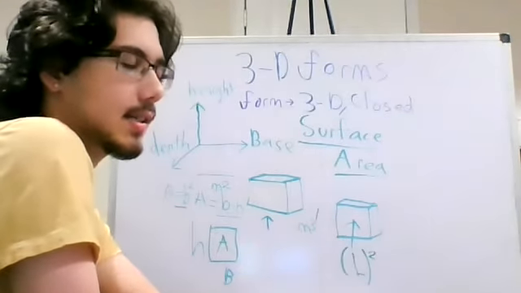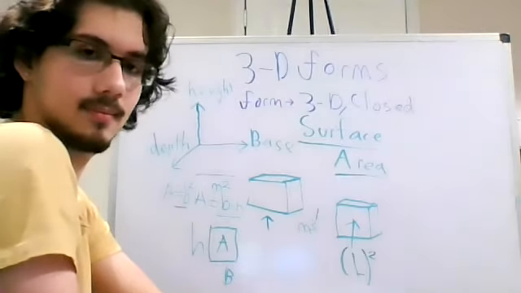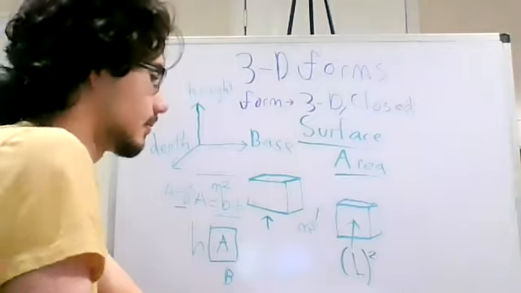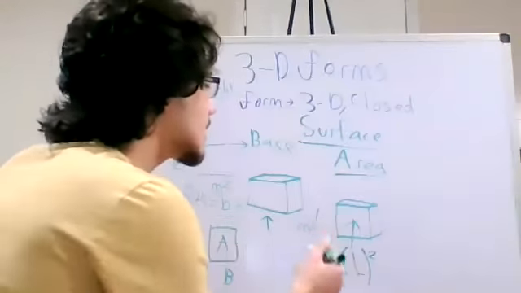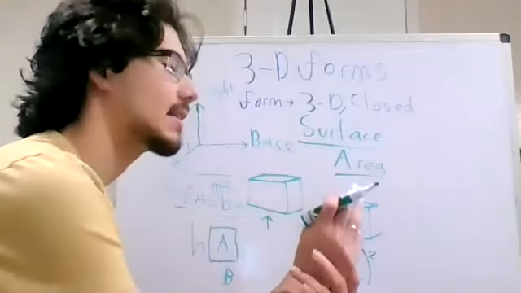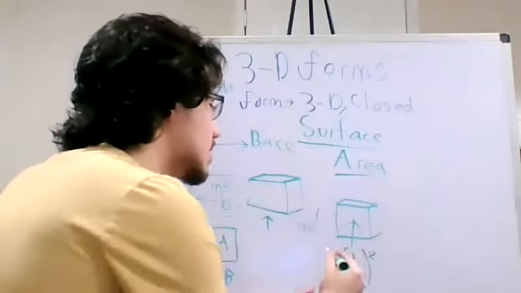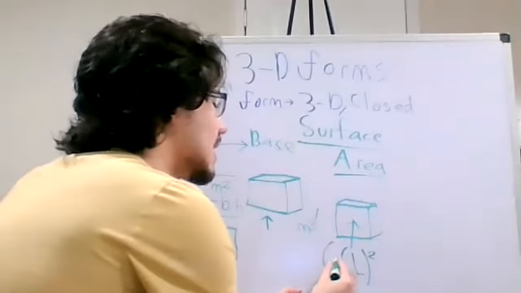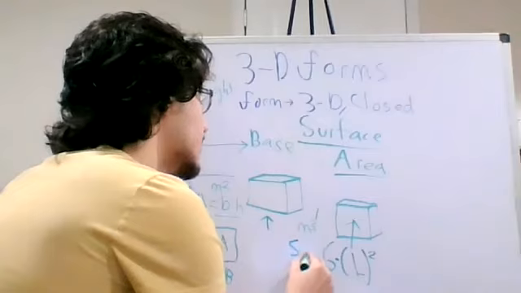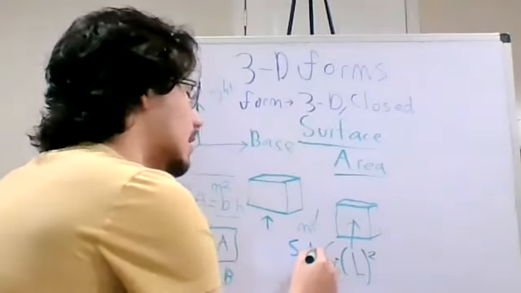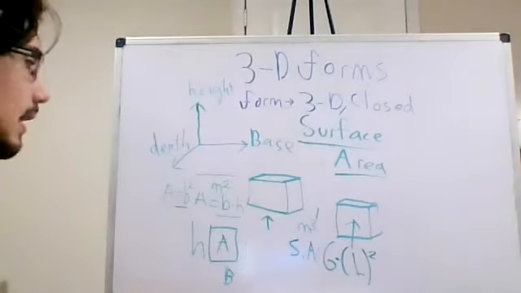So how many sides does a cube have? 6. Very good. So we know the area of one of the sides, and we know that a cube has 6 sides and they're all equal area. So that means the surface area must be 6 times length squared. So that is the surface area of a cube. Very good.